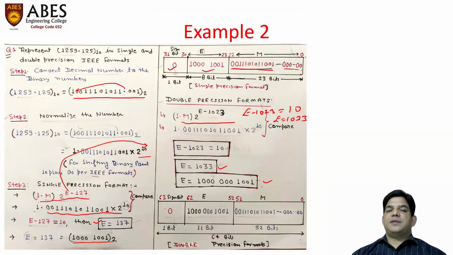Because this number is positive, the sign bit is 0. The exponent value comes out to be 1033 in binary, which is an 11-bit representation, and this value is the mantissa. Because the total is 52 bits, the remaining bits are all zeros. So this is the representation in double precision floating point.